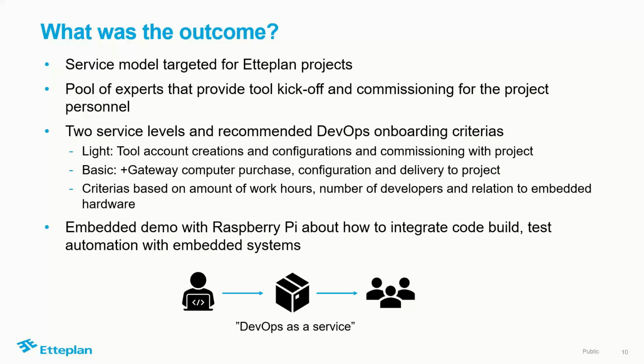We identified that we would have a pool of experts that provide tool kickoffs and then commissioning for the project personnel regarding these DevOps environments. We named this the DevOps as a service model within our company, and that service would be provided by our testing business unit.